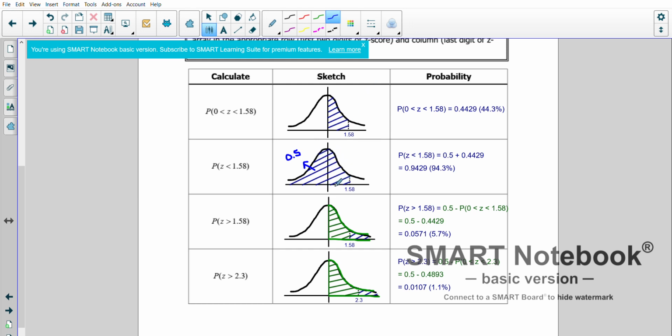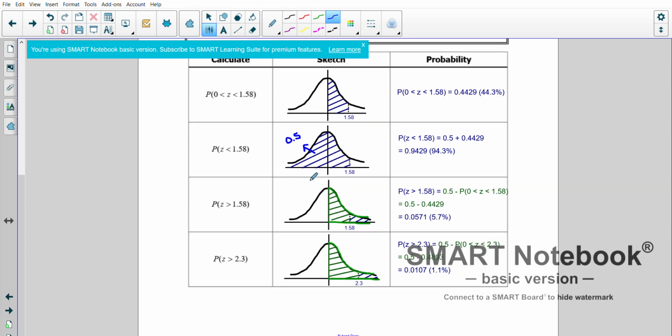But because 100% of the data is under the curve, 50% is on the left side of the line and 50% is on the right side of the line. So if I need to include all this, this is 50%. So that's why I have here 0.5 plus this area here, which we calculated in the above question, 0.4429. So the total area under the curve would be 94.29%.